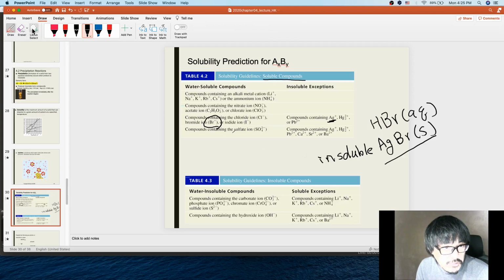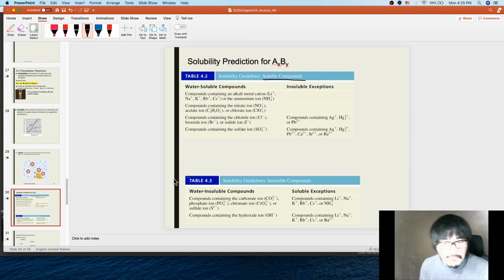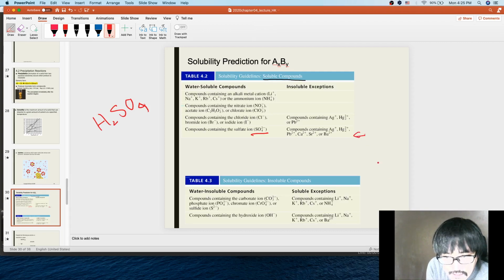Let me do one more here. Maybe H2SO4. SO4 2 minus is always water soluble except when it combines with the ones listed here.